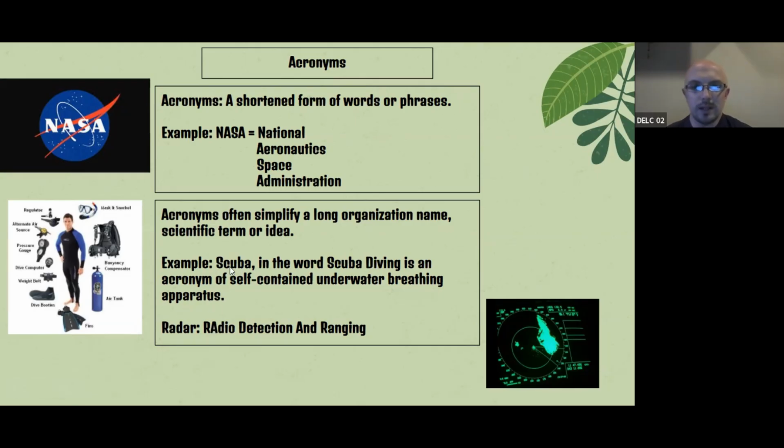So scuba is an acronym. And same with radar. Radar is an acronym. We use a machine like this, sometimes in the military, to try to find the enemy. We just call this radar, but it is also an acronym. It means radio, detection, and ranging.